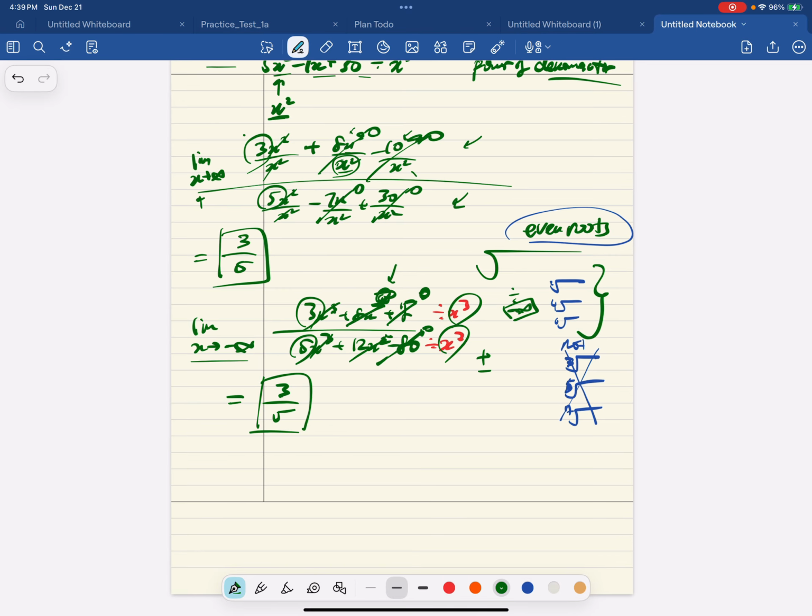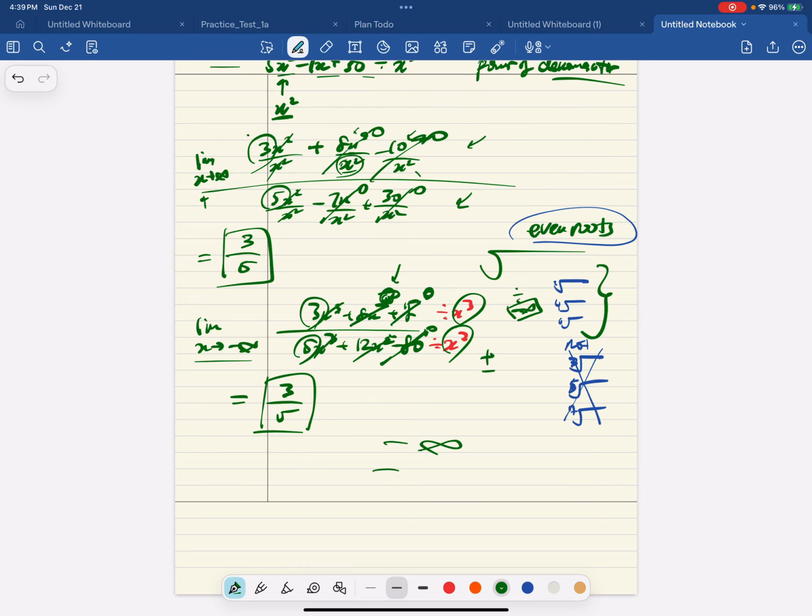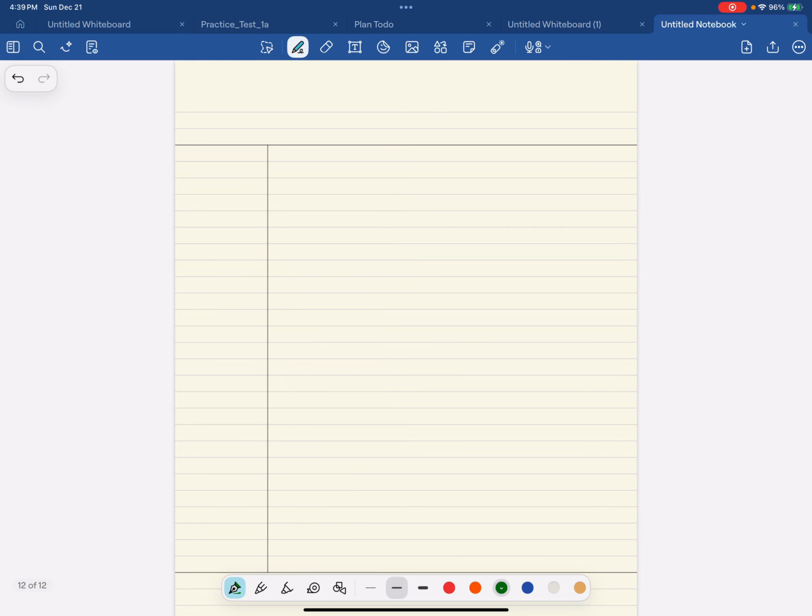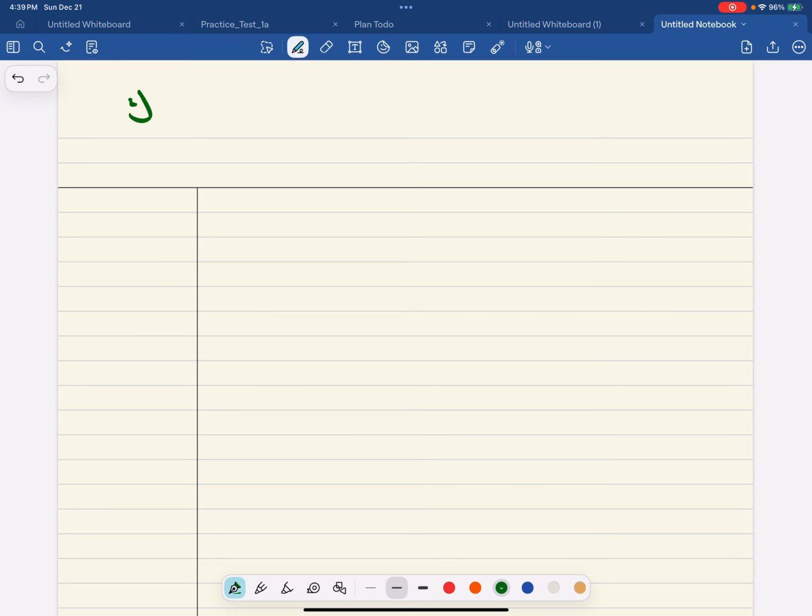We did not care about any minus or plus infinity because there were no even roots. So now we're going to talk about even roots. Even roots, like I said, are the root of 2, the root of 4, the root of 6. These are even roots, it could be 8.